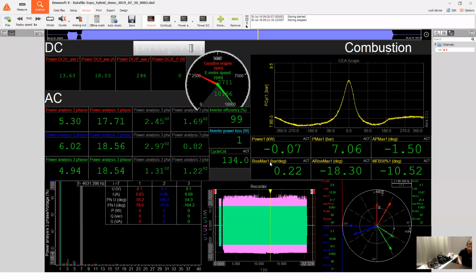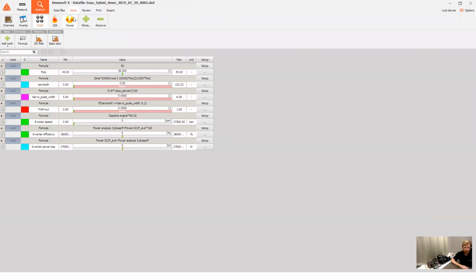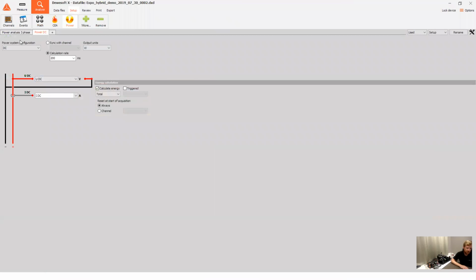And we can see that in this data file, we can actually combine both of these things together. So what is the actual benefit of Dewesoft? It is that we can also put power values into the combustion analyzer screen.